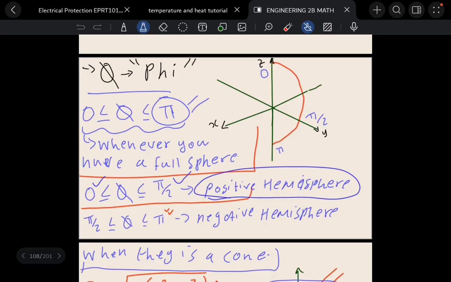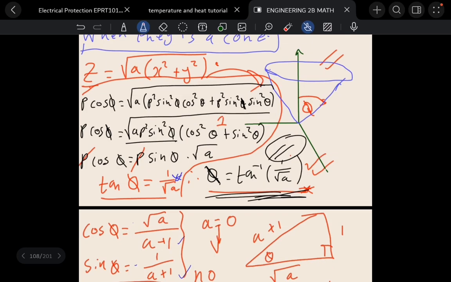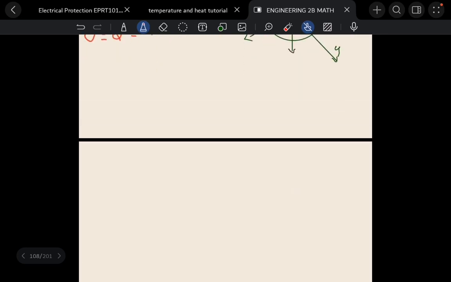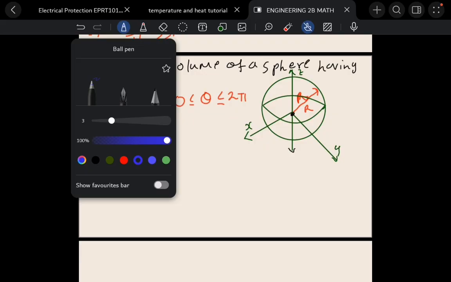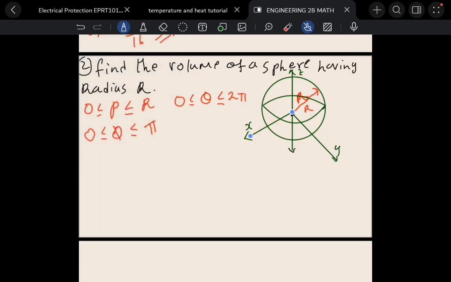Whenever you have a full sphere, this is the condition for phi. And then your value of theta, 0 to 2 pi. And then let us integrate rho squared sine phi d rho d phi d theta.